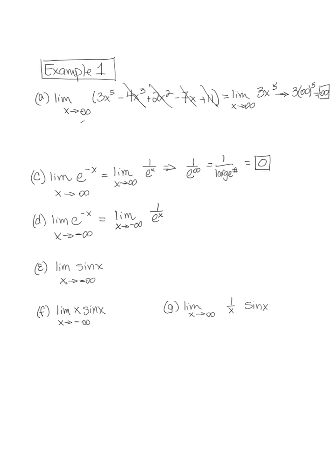Okay, now from here I'm going to do what I did on part C, and I'm going to plug in 1 over e to the negative infinity. Now I kind of don't love the fact that I've got a negative here. So let's think about this for a second.